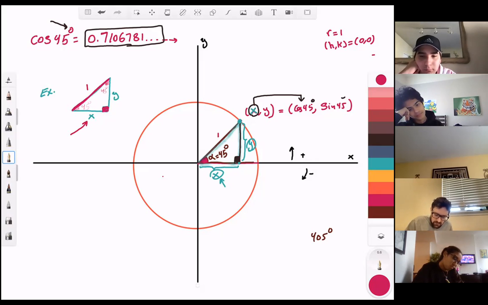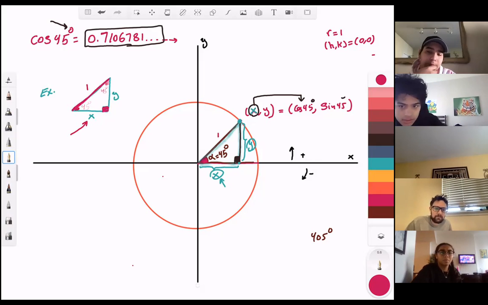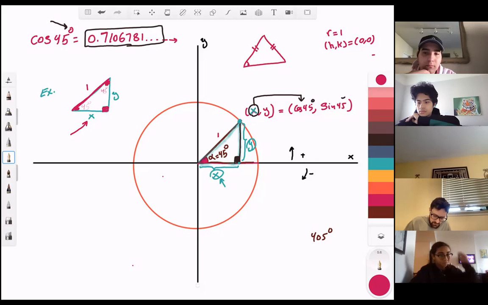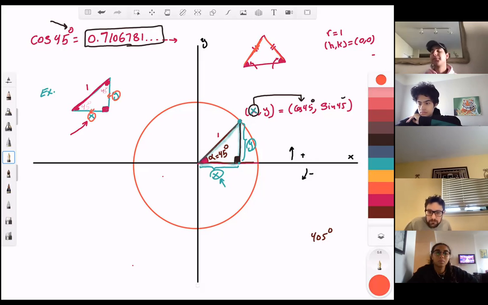We also learned different types of triangles a week ago. If these two angles are same, we learned isosceles triangle, correct? Isosceles, these two sides are same, then the angles in front of them are equal. So if this angle equals that angle, the side in front of it should be equal to that side. So here, X and Y are gonna be the same length.